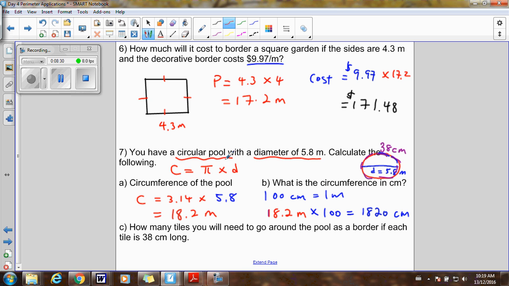So to do that, we have to take our circumference, which was 1,820 centimeters. Divide that by the length of each tile, which is 38. And if you do that, you're going to get 47.9. So that means approximately you're going to need about 48 tiles.